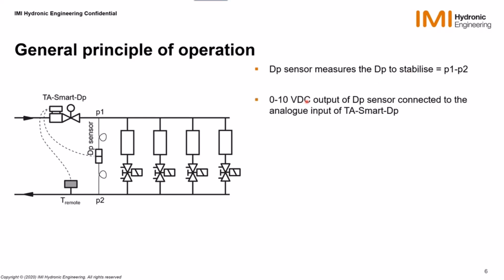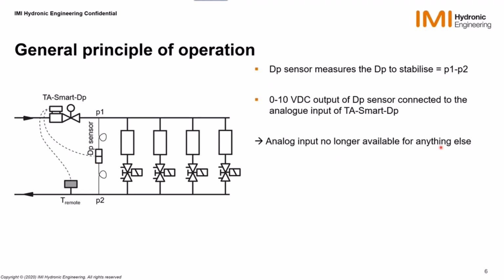The 0-10 volt VDC output of the delta P sensor is connected to the analog input of the TSMart DP. In this way, the TSMart DP is able to read the delta P and to react accordingly. But that means as well that the analog input is no longer available for anything else.